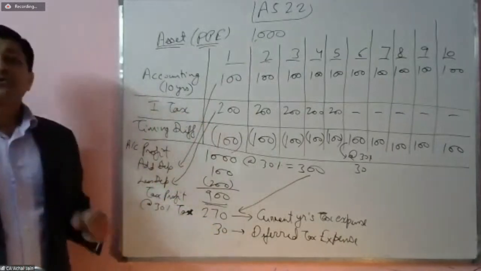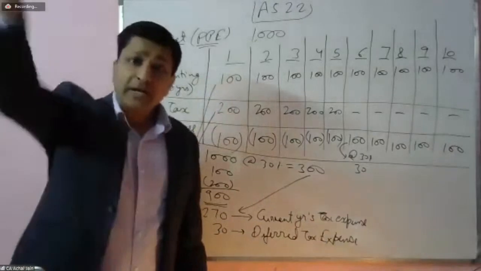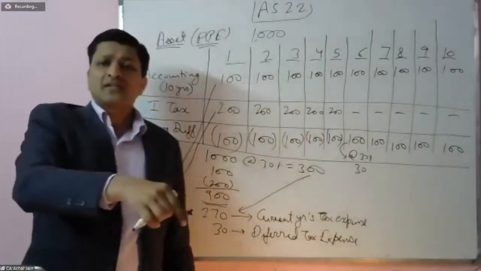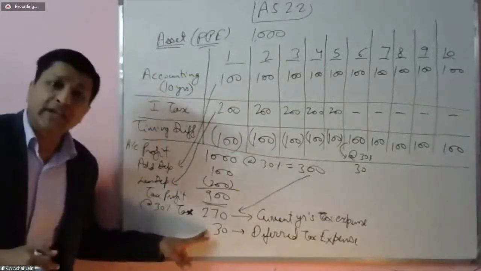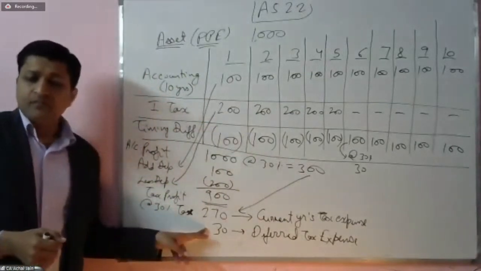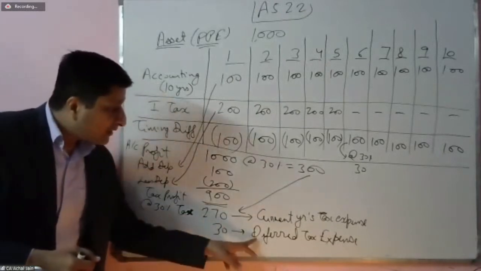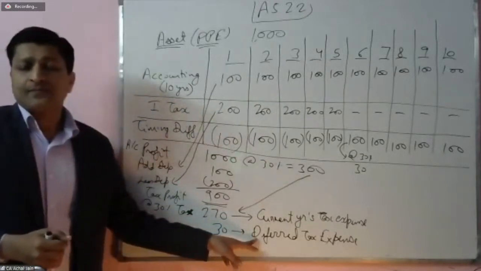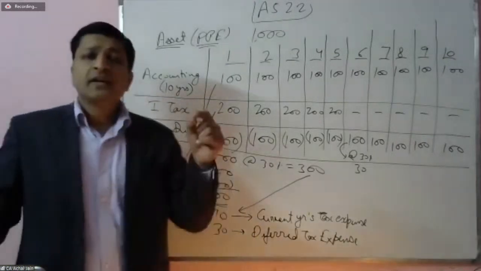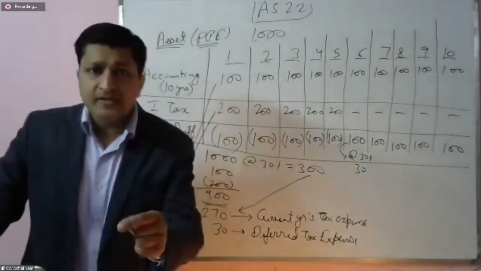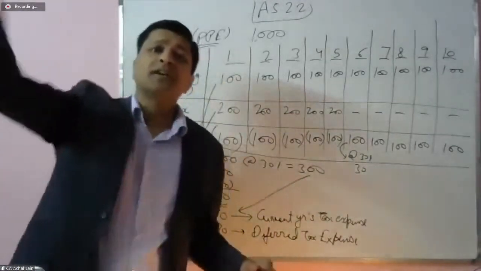But in the books, we know that today income tax is not accepting, but tomorrow it will ask for the same tax. So that's why, for our accounting purposes only, we are creating this tax in the books of accounts by a terminology which is called deferred tax expense, meaning a tax which has got deferred.